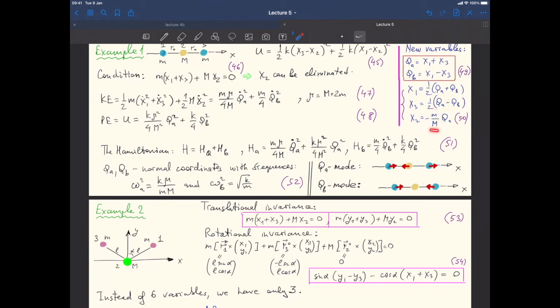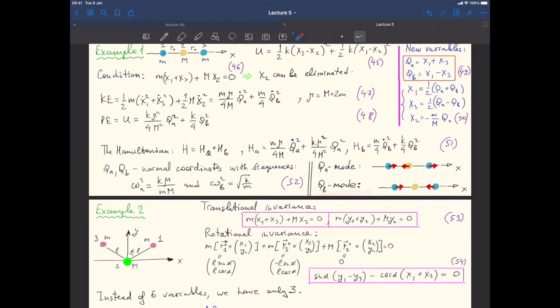So if the mass in the center is much larger than the masses of these blue atoms, that coefficient is very small. So with that mode, QA mode, we have the first and the third atoms moving together, synchronously, to the left and to the right, but the central atom moves by a small amount in the opposite direction to keep the center of mass at the same position.